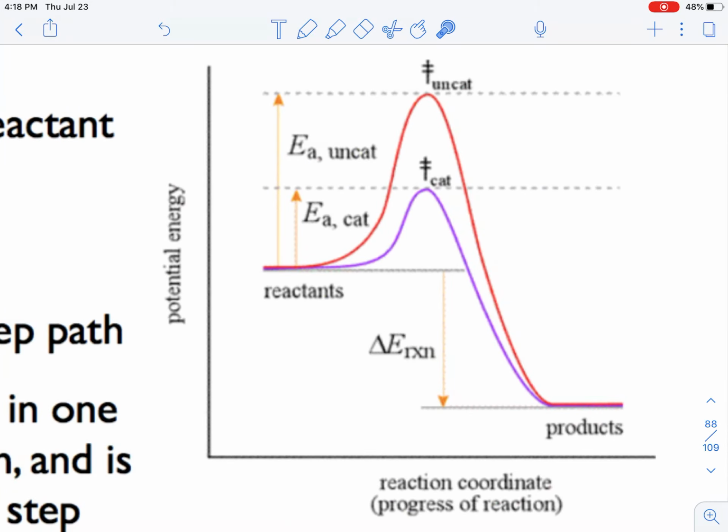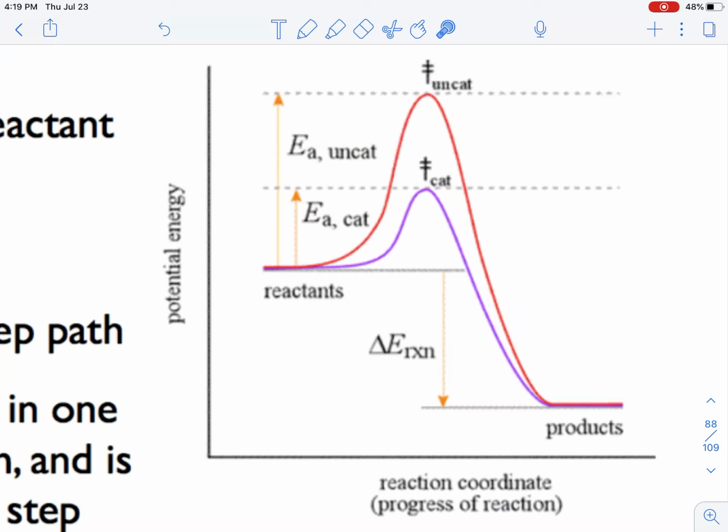I want you guys to notice in red the pathway that the reactants will take if a catalyst is not present. So this is the uncatalyzed reaction. In purple is going to represent the alternate pathway that will be provided by the catalyst if the catalyst is present in the reaction vessel.